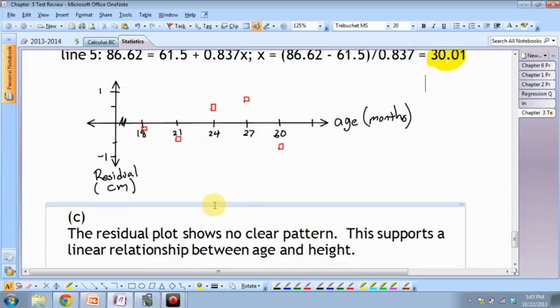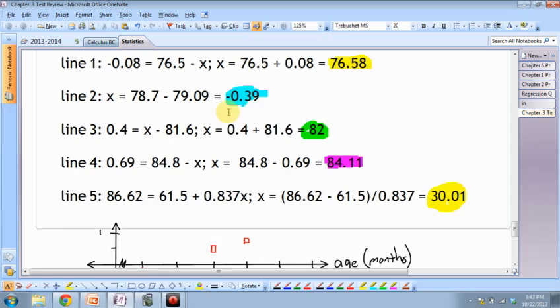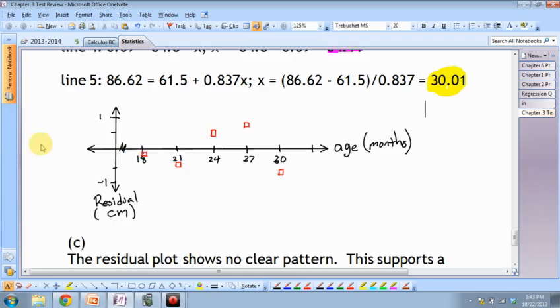Question 4C, I think it is a residual plot. This is 4B right here, isn't it? No, it's 4A. 4A. 4B, draw the residual plot. That's this right here.